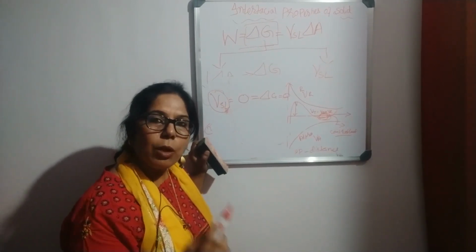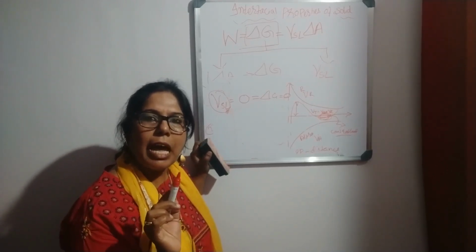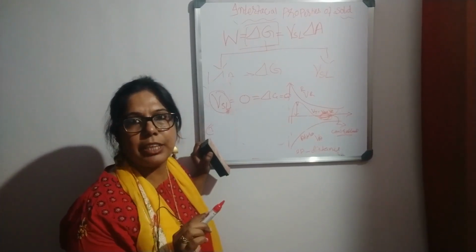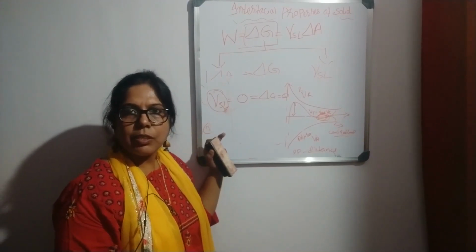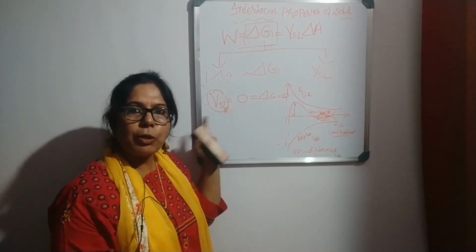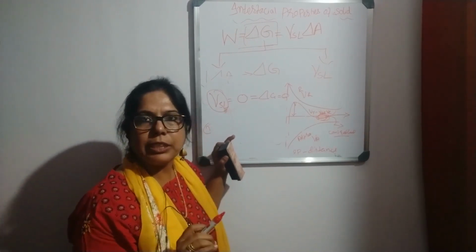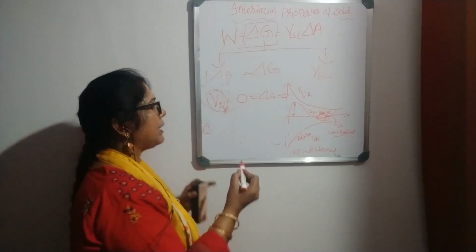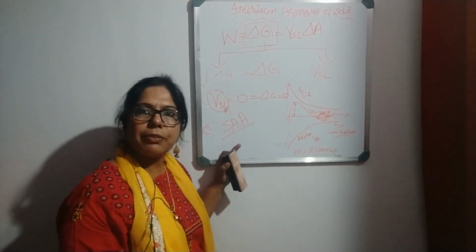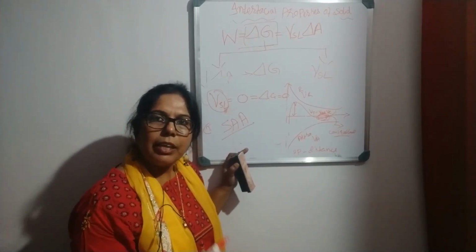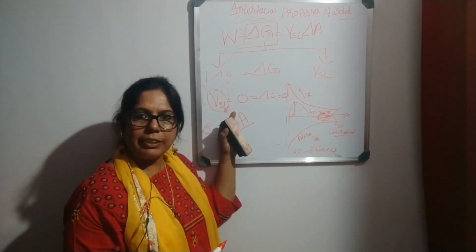Here we have to make gamma SL zero so that delta G becomes zero. But we can't bring gamma SL to zero, because whatever solid particles are present in the suspension will have a certain amount of interfacial tension. This is another important point. But to a certain extent we can reduce the interfacial tension between the solid and liquid by the addition of a surface active agent.